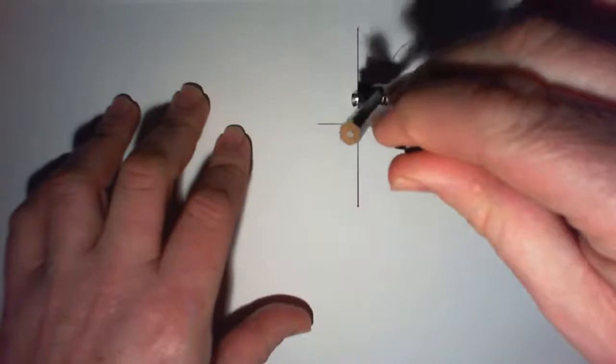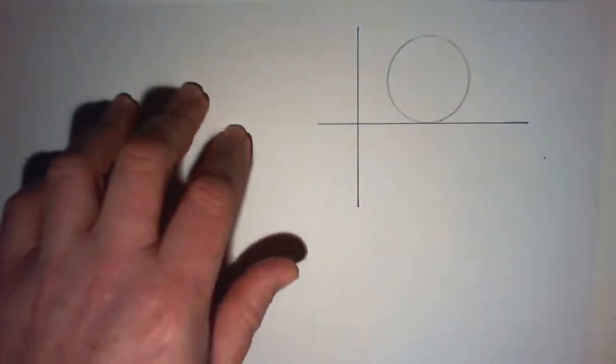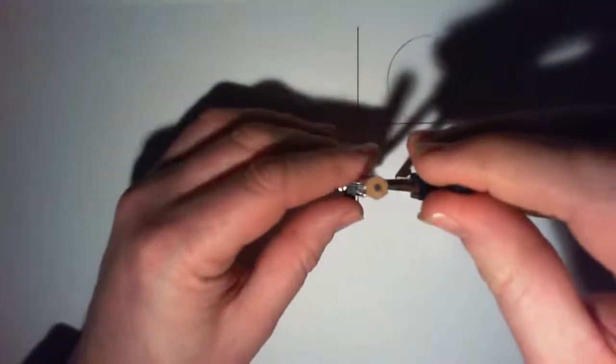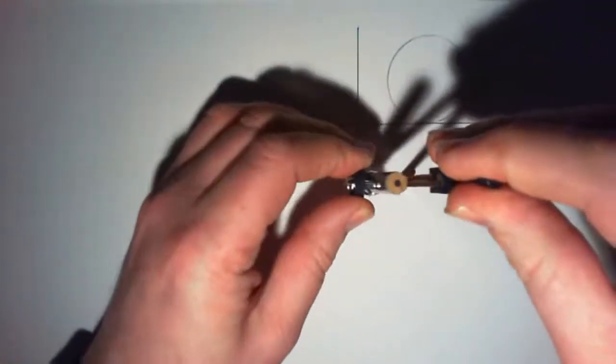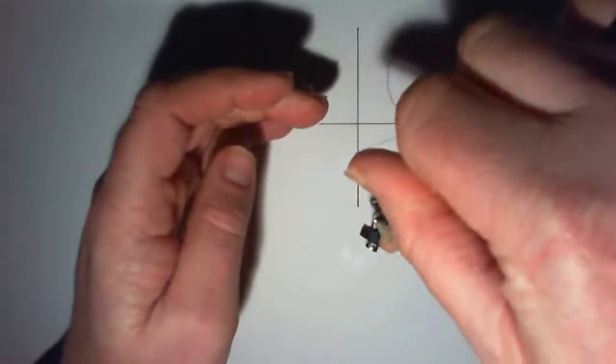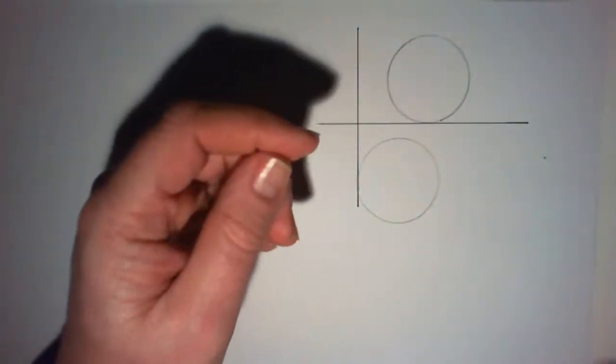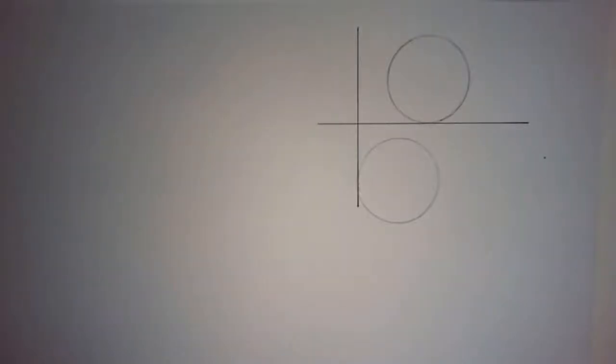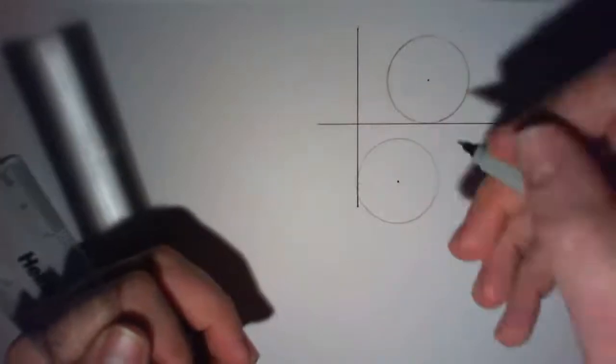Scenario A is where we have a circle sitting on the x-axis, and scenario B, as you can see, is where we have a circle sitting on the y-axis. We'll have a look at both scenarios first, before we dive into this question, just to see what's happening. I'm just going to highlight the fact that we have two centers here.